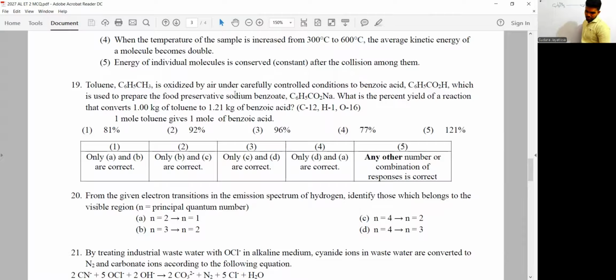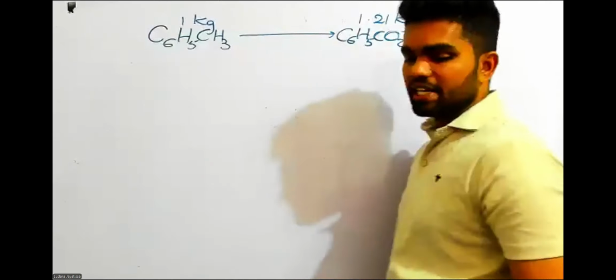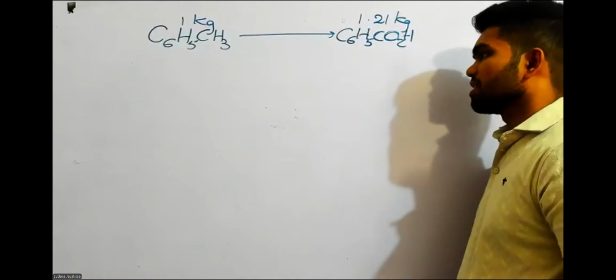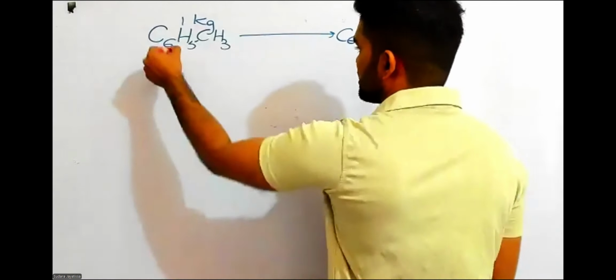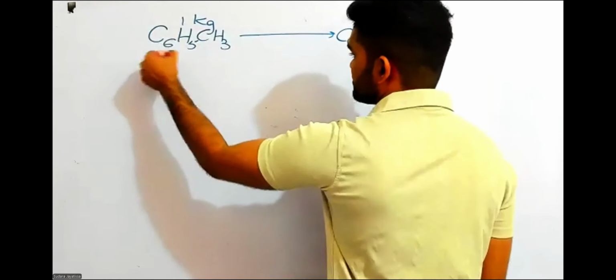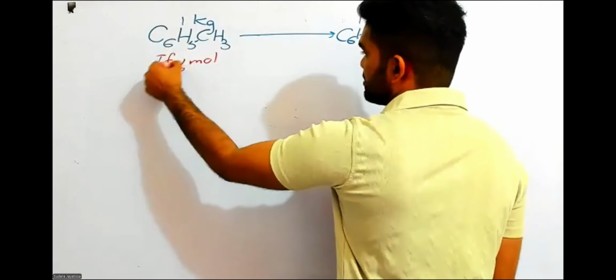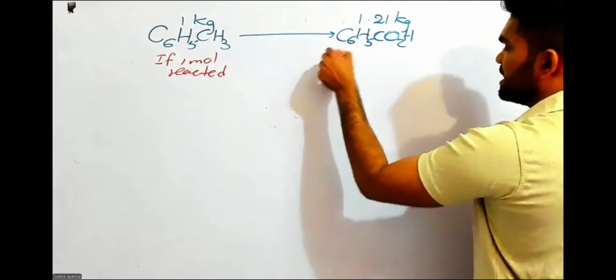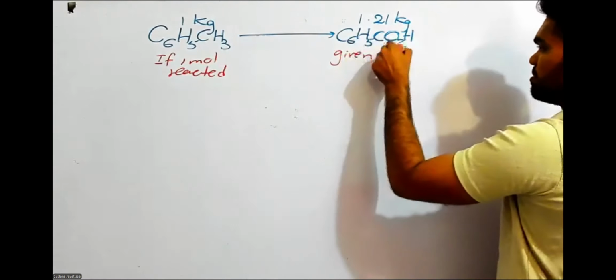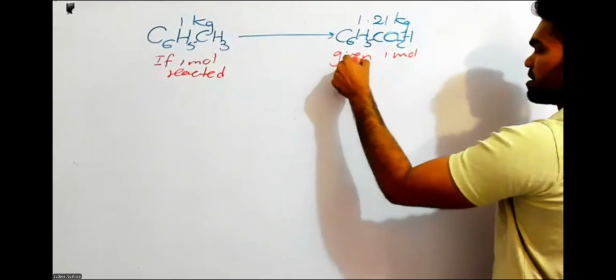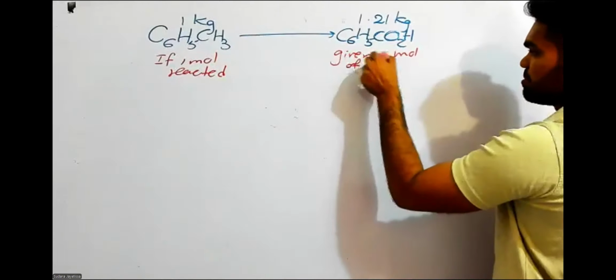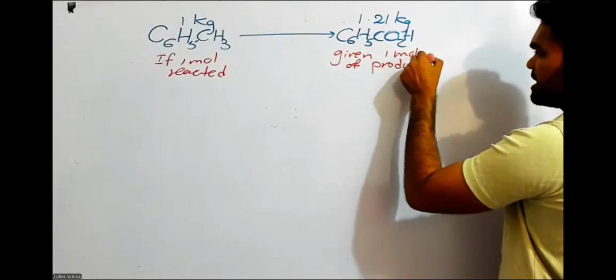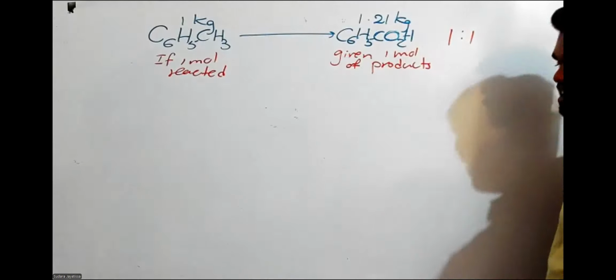It says 1 mole of toluene gives 1 mole of benzoic acid, so that you need for this question. Their ratio is simply 1:1.